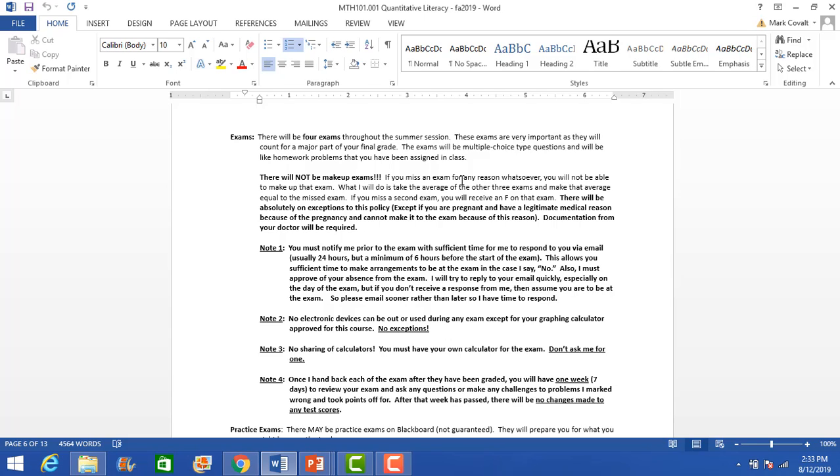Be forewarned. If you live by the calculator, you're going to die by the calculator, because even if you're off by a decimal point, you will not get any partial credit. If this is the first time hearing this, please, it's always better to show your work and to be neat and to show the steps.